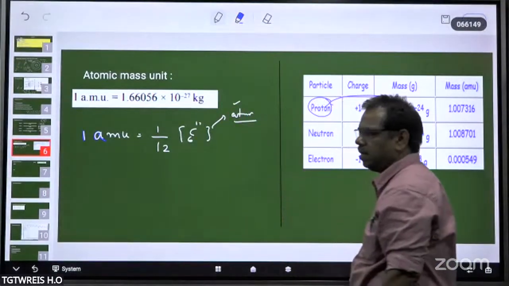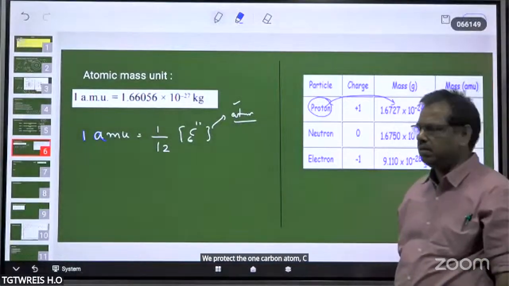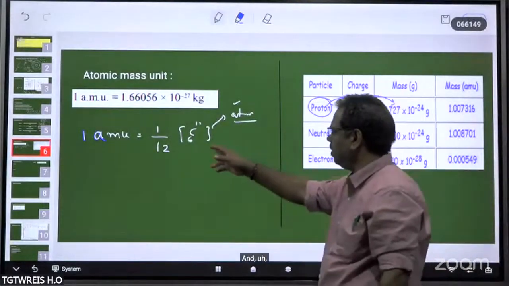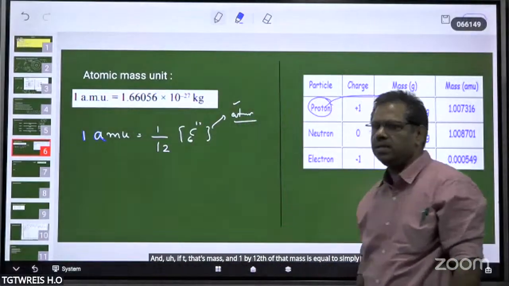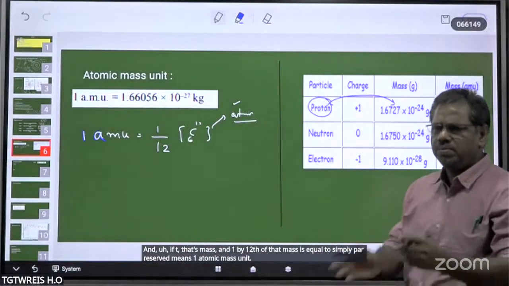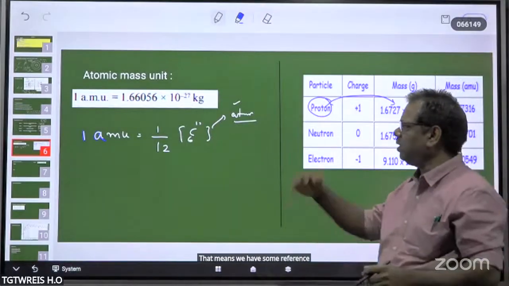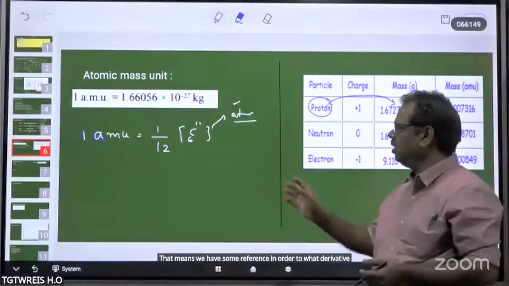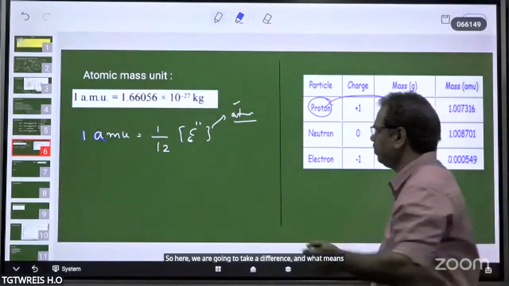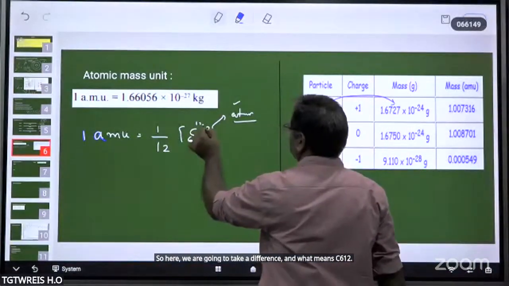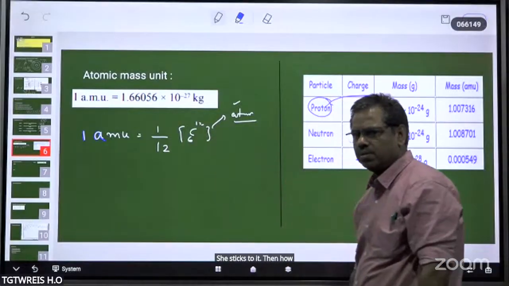If you take one carbon-12 atom and take its mass, 1 by 12 of that mass is simply called one atomic mass unit. That means we have some reference to derive the one unit itself. So here we are going to take the reference as C-12. Then how much will this mass come out?